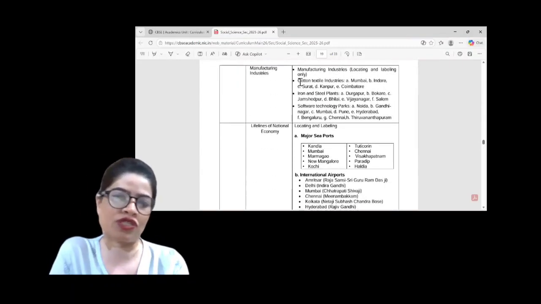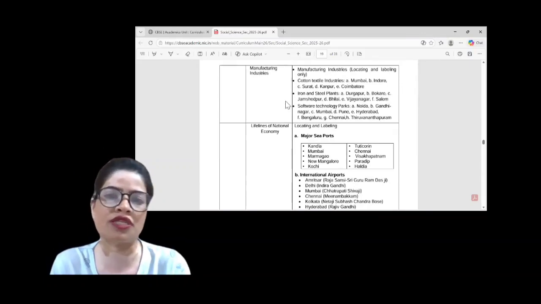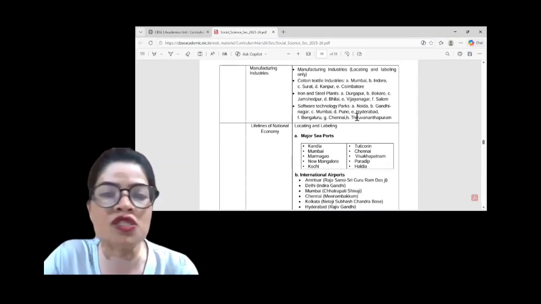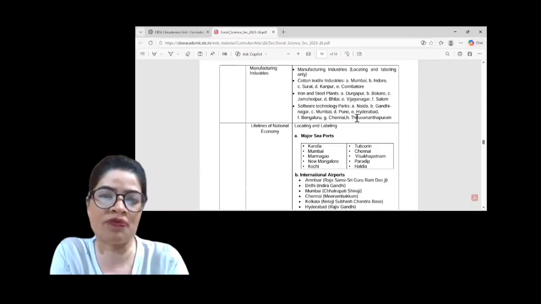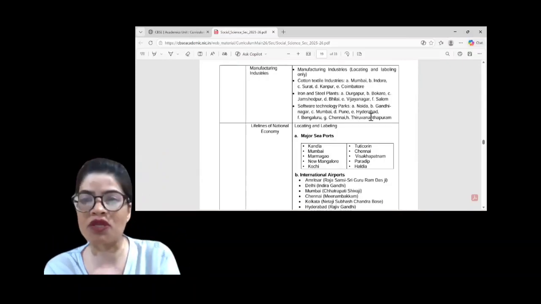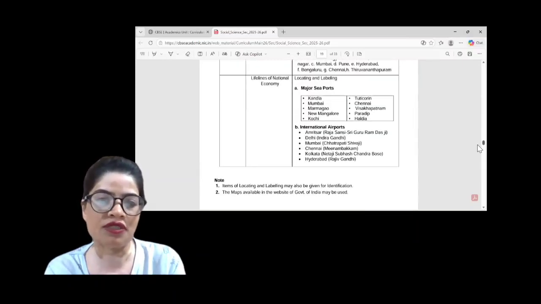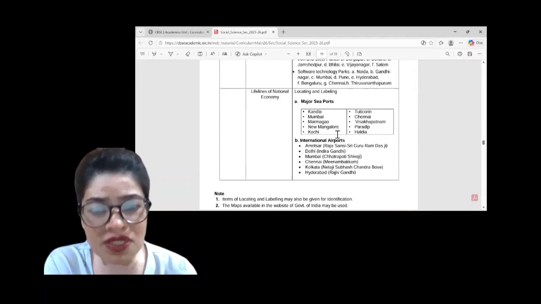Then comes manufacturing industries, in which these places which are given here for cotton textile, for iron and steel plant, for software technology plant. This time, many places like Mumbai, Pune, these have come in your map, so we will practice these during our learning period, this session.